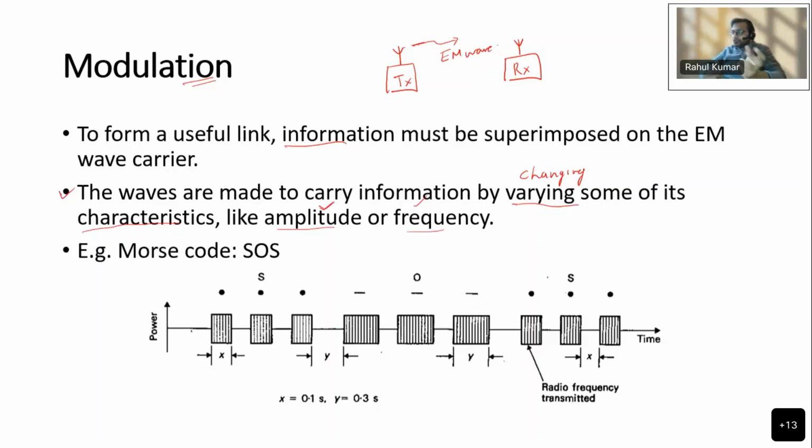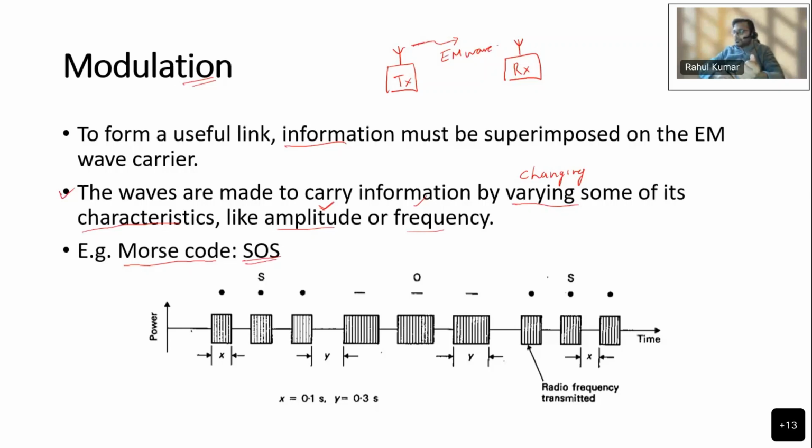An example of modulation is your Morse code, which was used in very old days for communicating. Here is an example of sending SOS, an emergency or help signal, using Morse code.